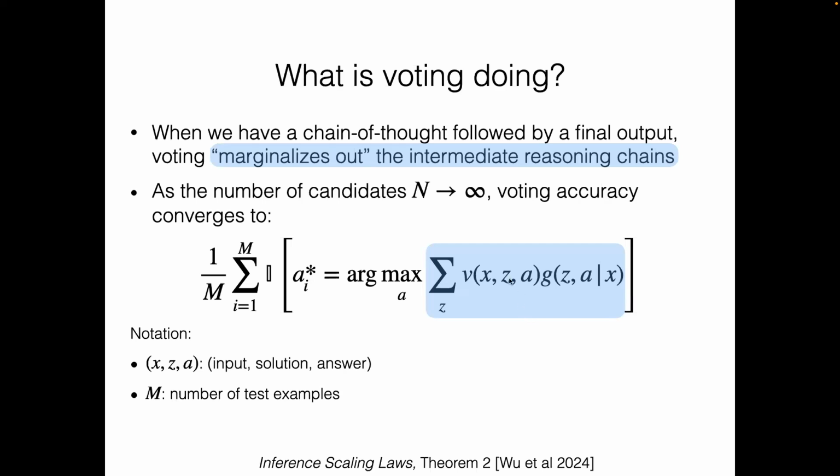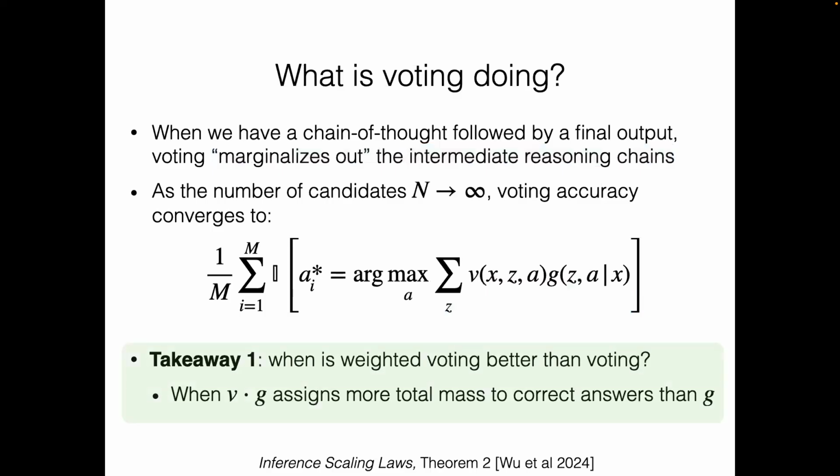And it's basically formalizing this idea. So what it's saying is it's the accuracy that you get if you sum over or marginalize out every intermediate reasoning path. Okay, so it's this nice idea that if you have enough samples, then it's in some sense saying, let's take all of the probability mass that the model is assigning to an answer if you consider all of the different possible chains of thought leading to that answer.